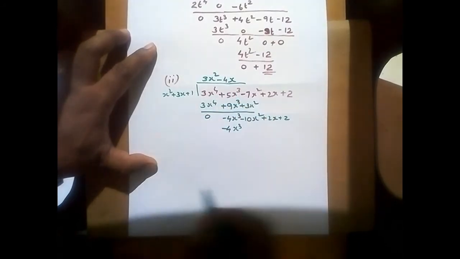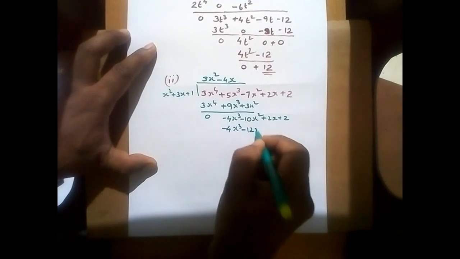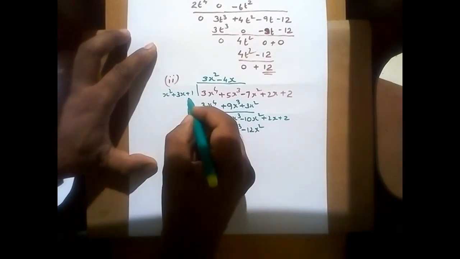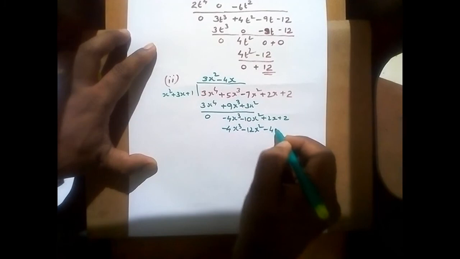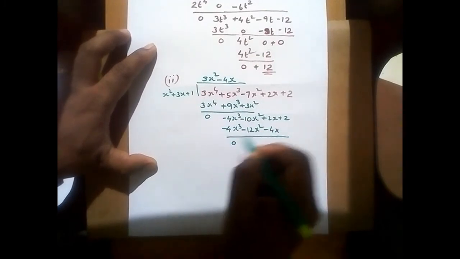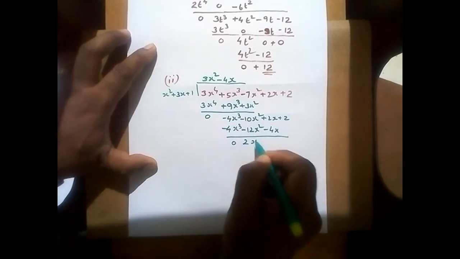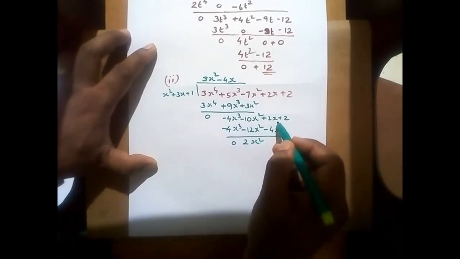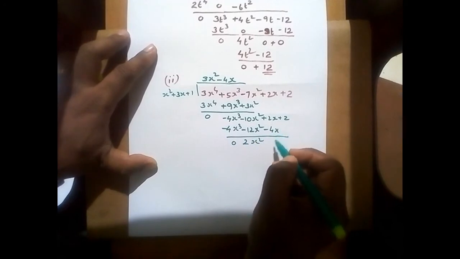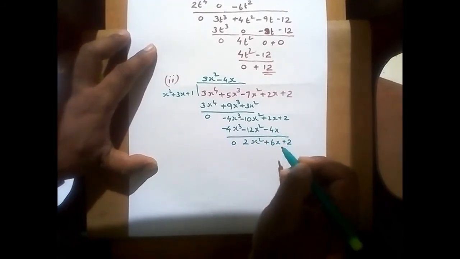Minus 4x into plus 3x is minus 12x square. Minus 4x into 1 is minus 4x. Subtract: 0, minus 10 minus of minus 12 is 2x square, and 2x minus of minus 4x is plus 6x, plus 2.